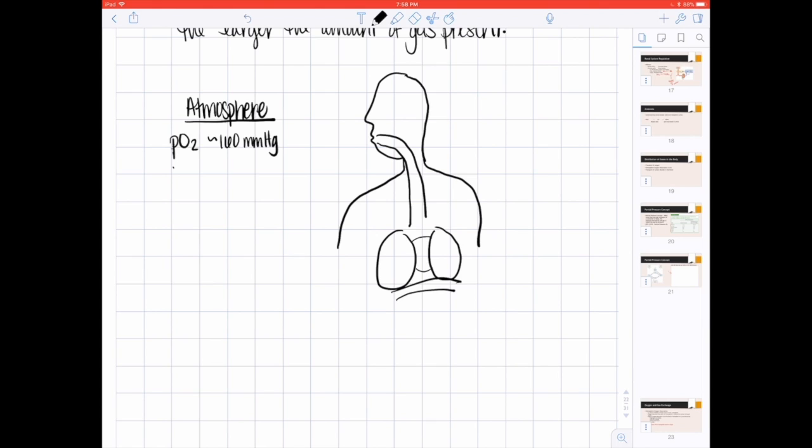But rest assured, any of the partial pressures that we're going to show on this diagram are going to be denoted in millimeters of Hg, or millimeters of mercury. So the partial pressure of O2 in the atmosphere is around 160 millimeters of mercury, whereas CO2 is actually only around 0.3. So that's what we're breathing in.